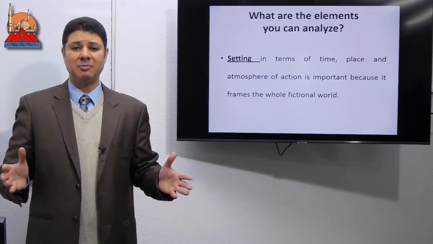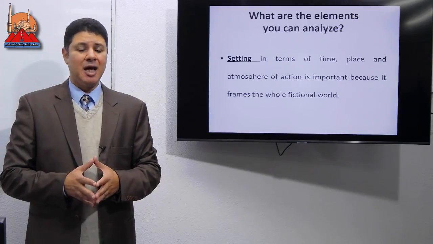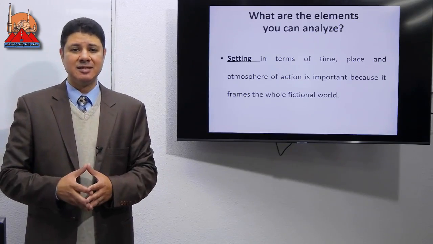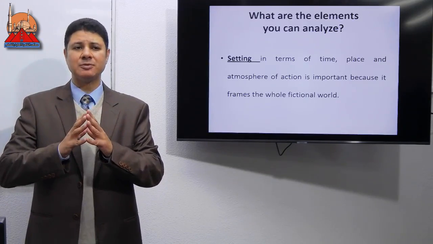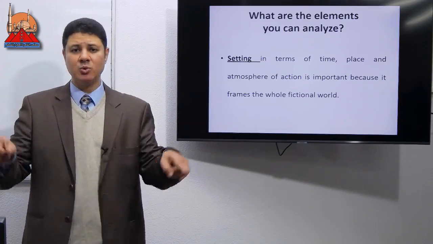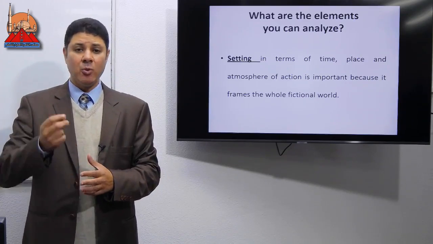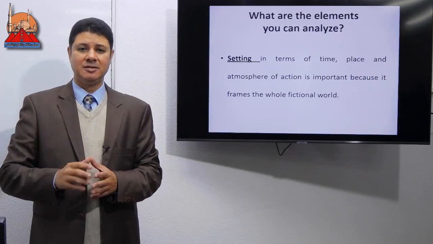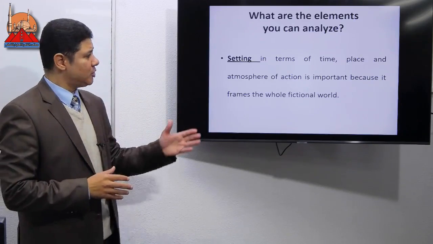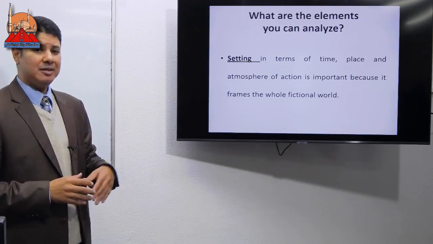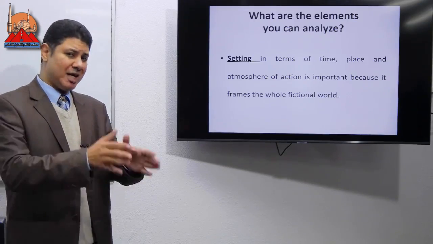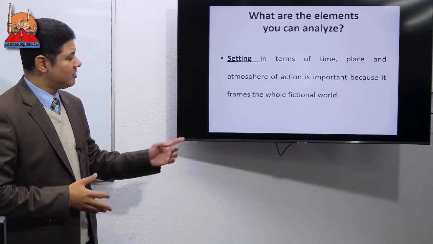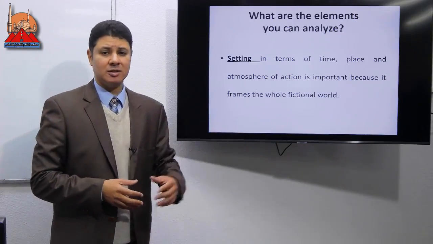After reading the play, you need to understand some information about the fictional world of the play, the world represented in the play. In other words, you need to understand the time, the place, and the general atmosphere of the action, because it frames the whole fictional world.